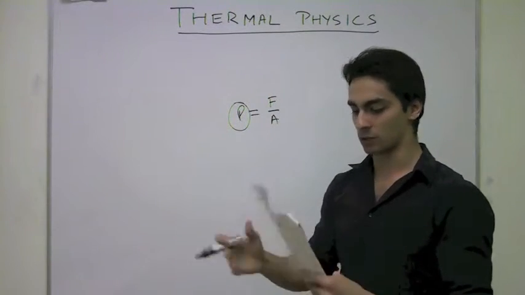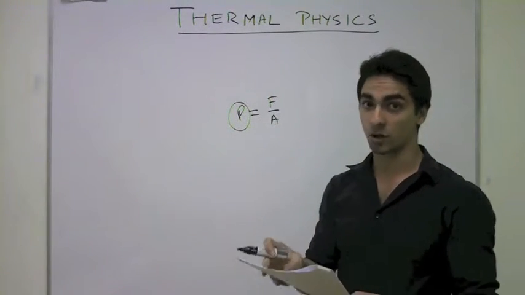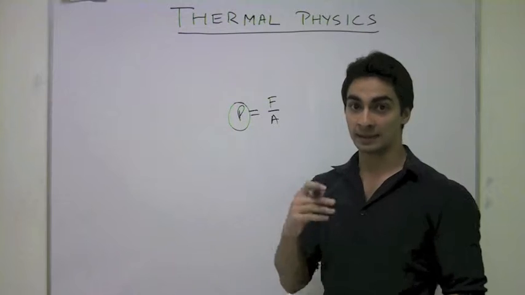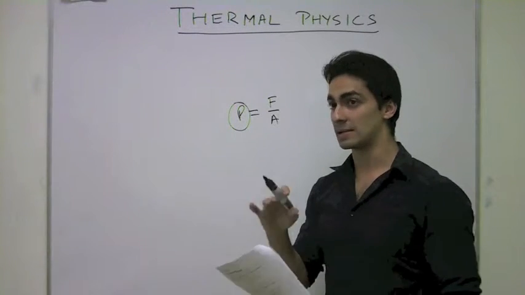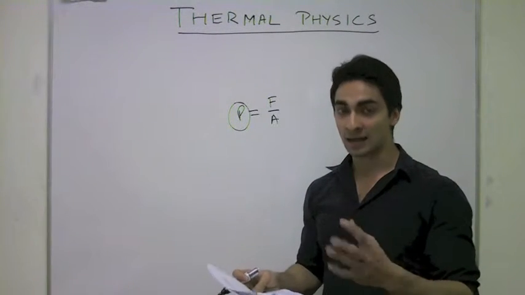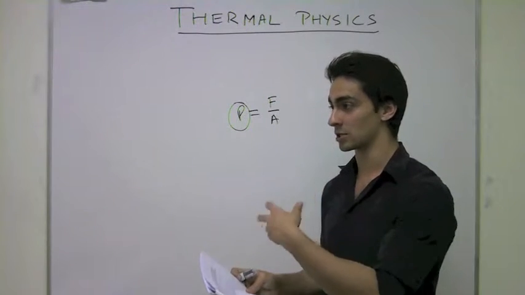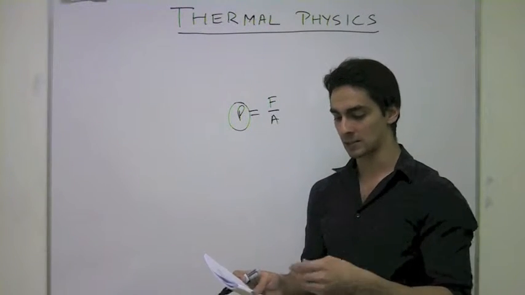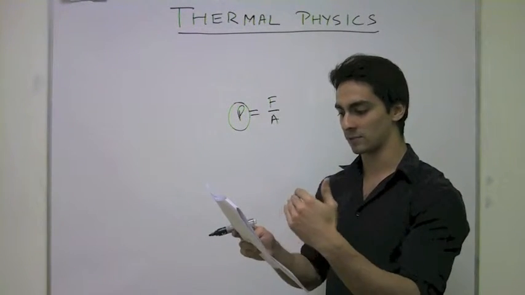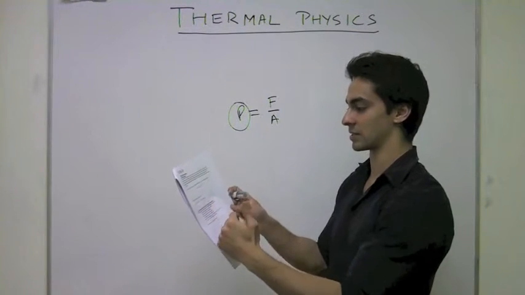3.2.10 gives you 6 basic assumptions of the kinetic model of an ideal gas. So basically it simplifies solutions by talking about ideal gases, and for an ideal gas we have these 6 assumptions.